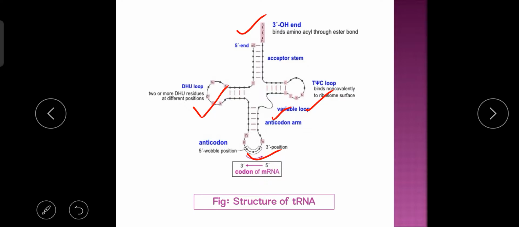Remember, this is very important for the final year examination, the structure of the transfer RNA, which is also called the soluble RNA. The structure of the transfer RNA mainly consists of 5 arms. Okay, and what is the name of these arms?